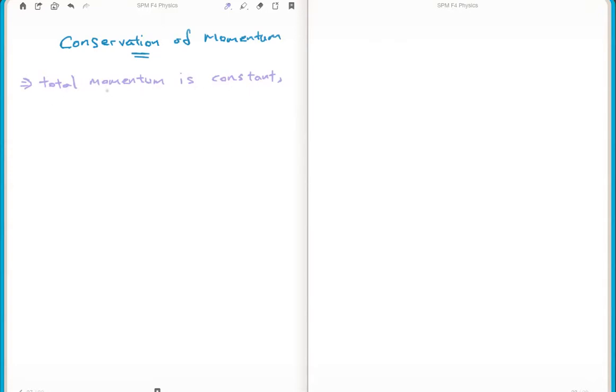How is it possible for total momentum to be constant?